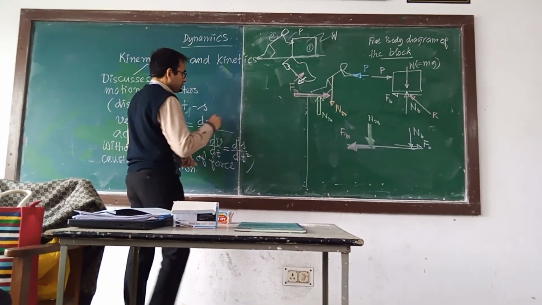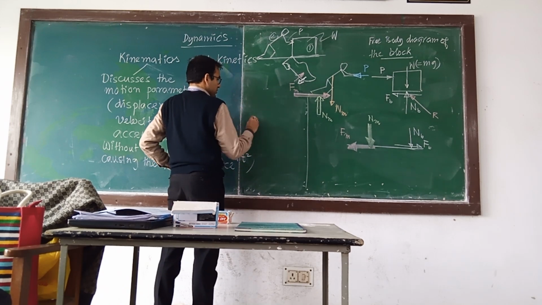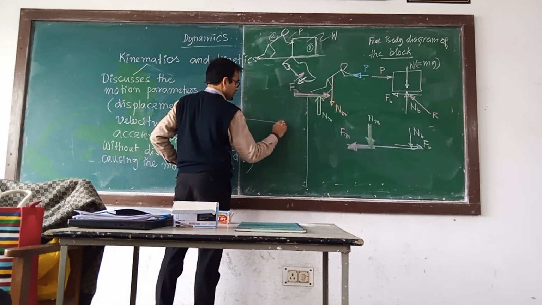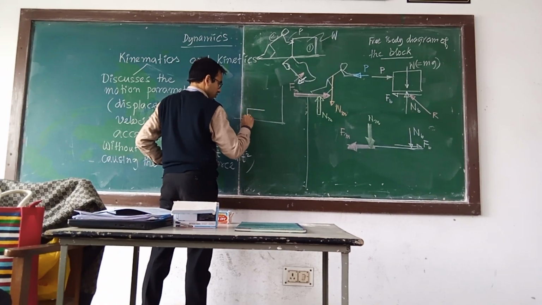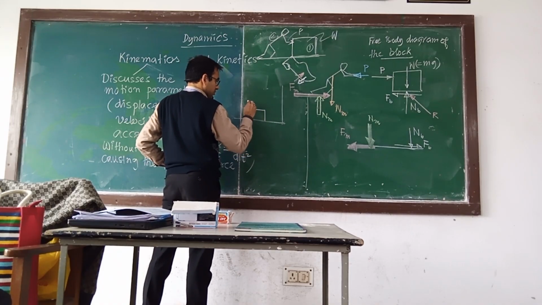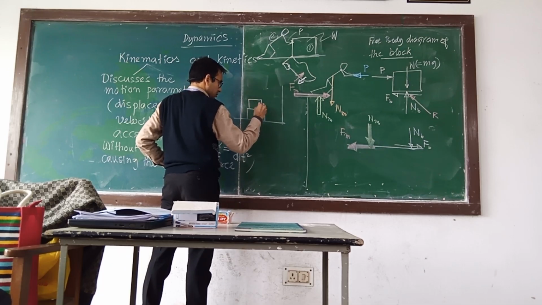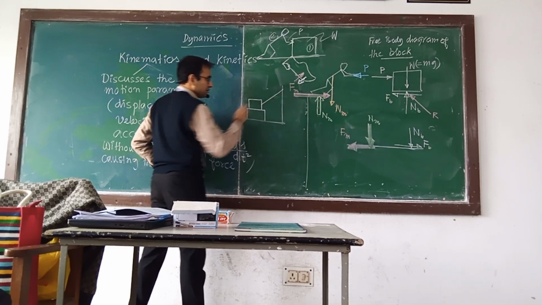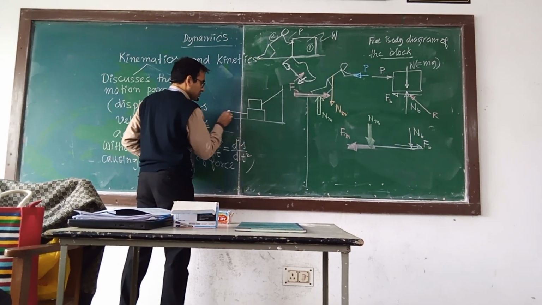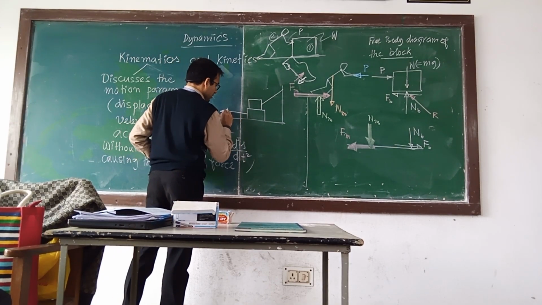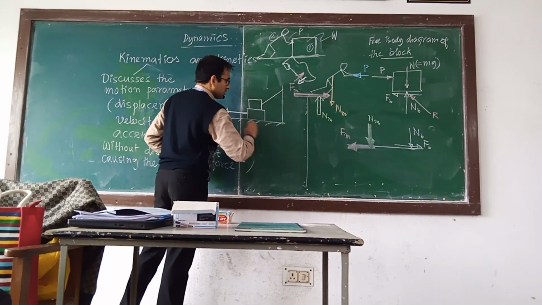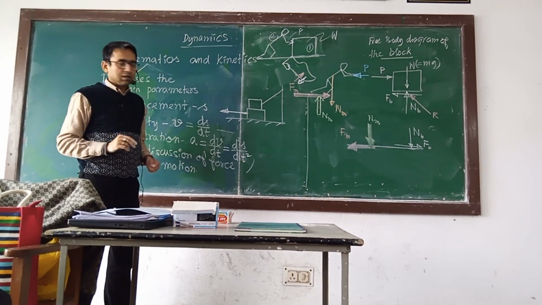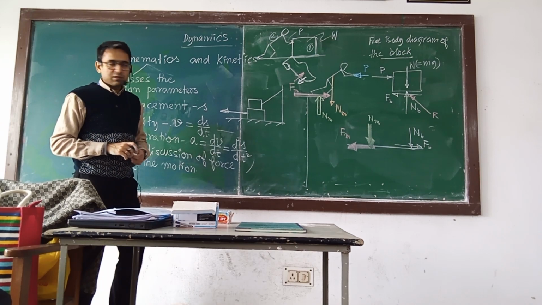Say, for example, if you have two objects. It is connected here and you are pulling it. Right? So free body diagram. Let us draw the free body diagram.